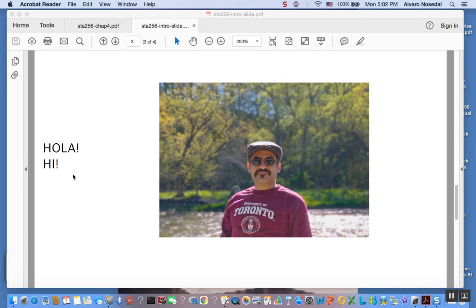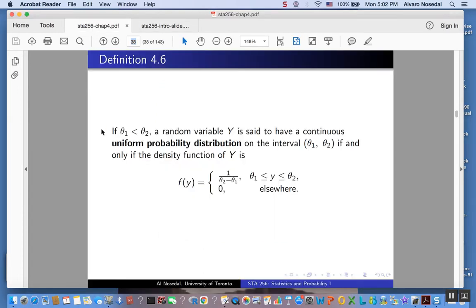First, let me show you that definition I mentioned. We have two numbers, theta 1 and theta 2. Theta 2 is greater than theta 1, and they define an interval.